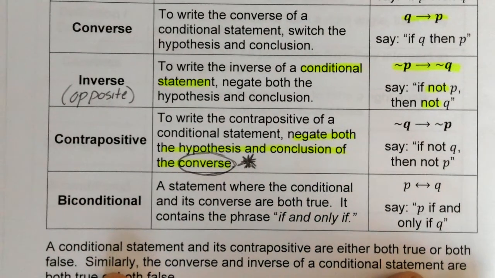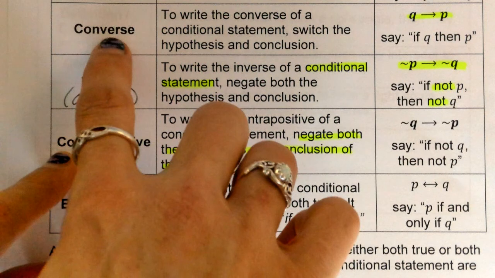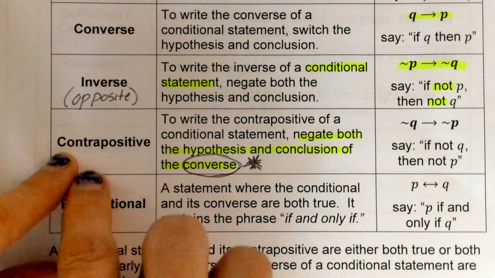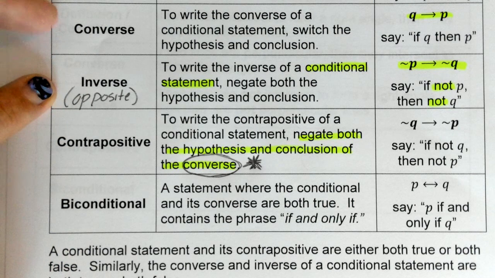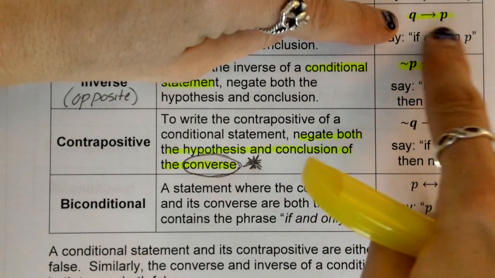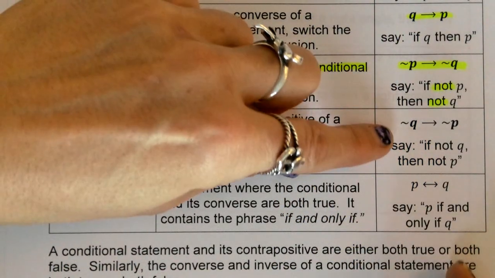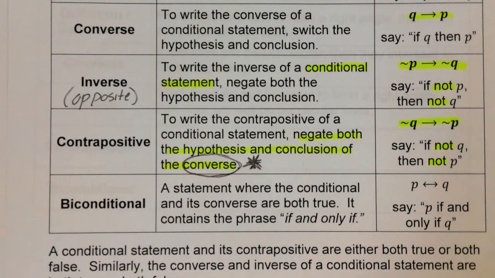The way I look at it, contrapositive is a really long word, longer than converse and inverse, so you're going to do a lot more work. You're technically doing the converse and the inverse together. But a nicer way of looking at it is you take your converse, if Q then P, and do the opposite, that negation: if not Q, then not P.